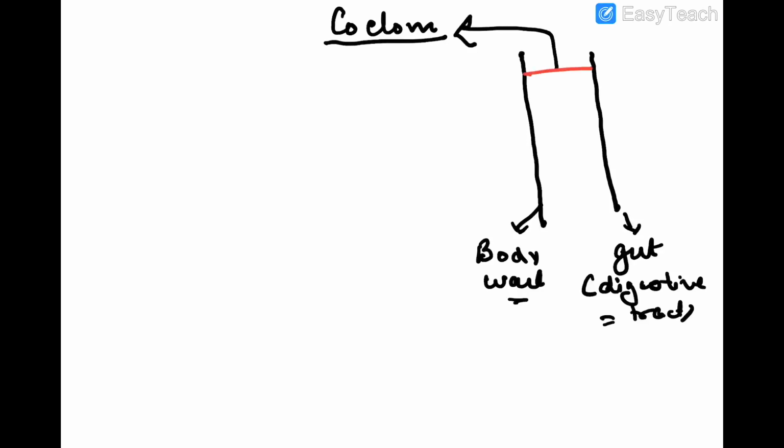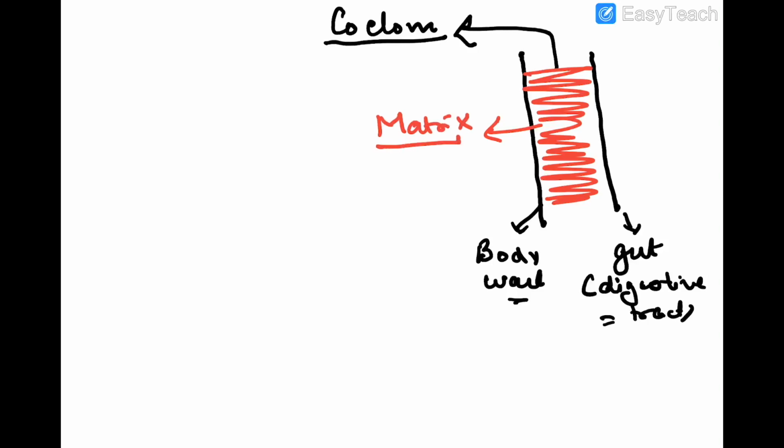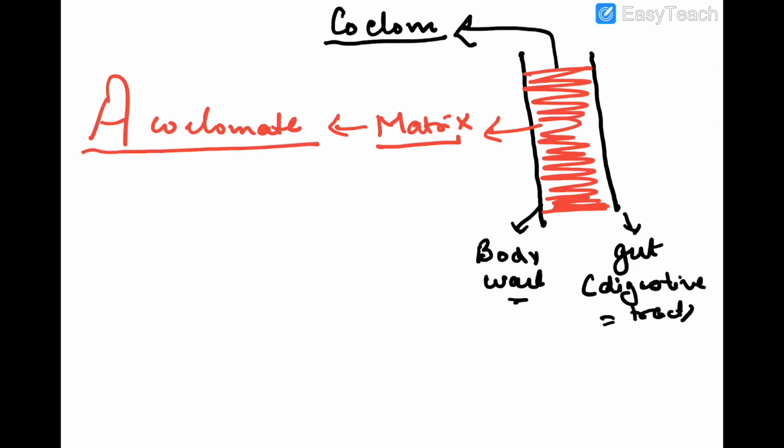Instead, it is filled by a matrix. Such organisms in which coelom is absent and it is filled by a matrix are known as acoelomate organisms. Example of acoelomate organisms are Porifera to Platyhelminthes.